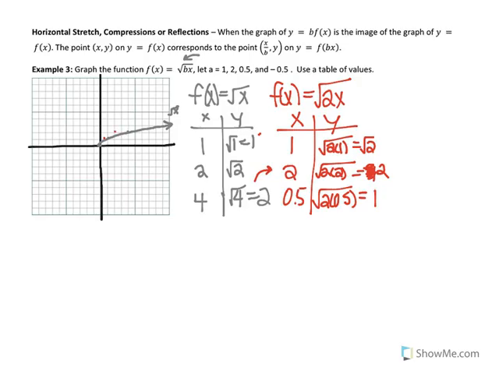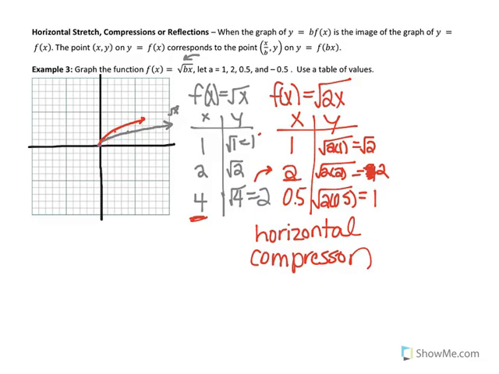What you should see is that this graph is shorter. So it's actually a horizontal compression, and it's half the size. This one went from 4 to 2. This one went from 1 to a half. It looks like it's half the size. So knowing that this is 2 helps us with that.